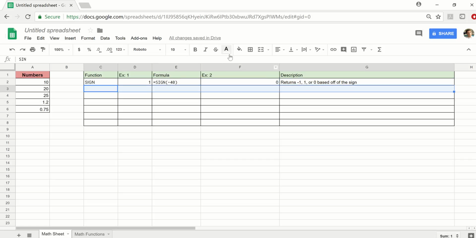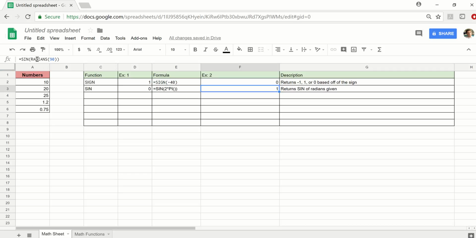So now we are going to look at the SIN function. The key thing to know about the SIN function is that it's assuming you are going to give it radians. So what we're going to do here, and this is a cool little thing to use another function within this function, is we're going to do 2 times pi, or just 2 pi, because you know that the sine of 2 pi is 0, so I thought that would be a cool little thing to show that you can do.